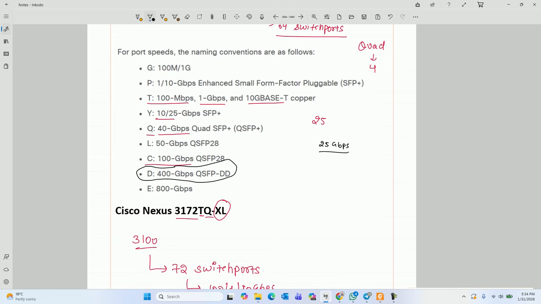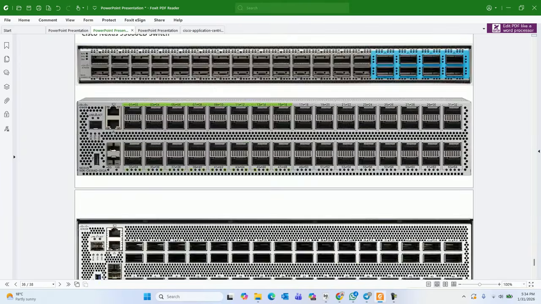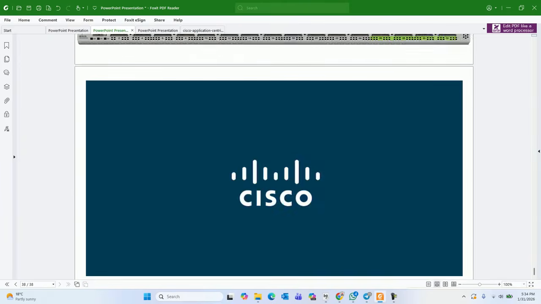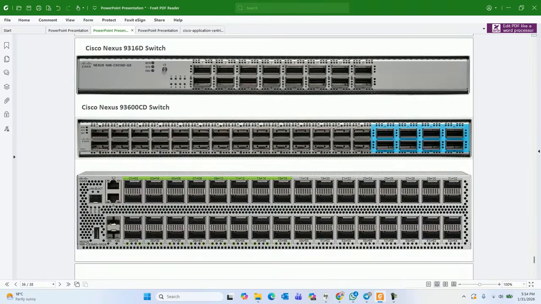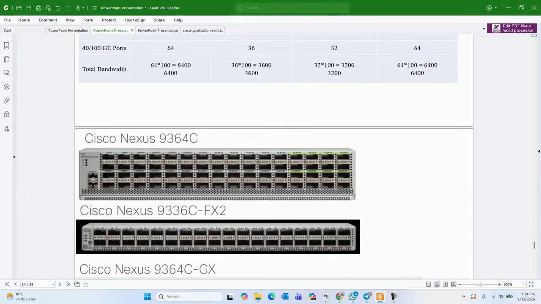This is the SFP type. D means 400 Gbps. Then you have the Nexus switches with 400 Gbps also. Make sense, guys?